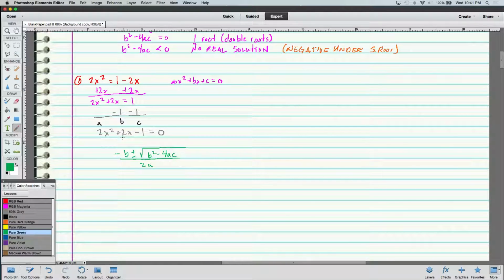Wherever we see a b, we're going to substitute 2. Wherever we see a c, we're going to substitute negative 1. Wherever we see an a, we're going to substitute positive 2.